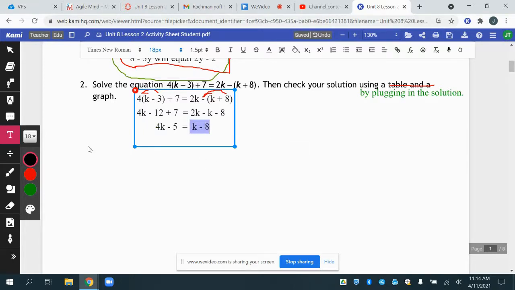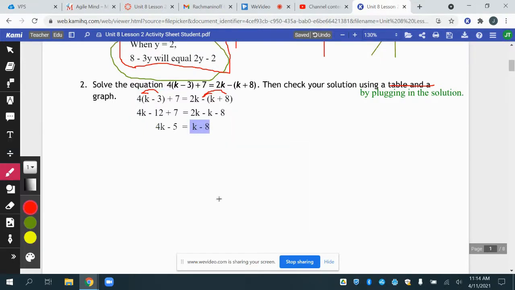But here, I just want you to understand, if I had a graph next to me, I could say, hey, look at this. I've got a line and another line, and one has a slope of 4 and crosses at -5, so it's a really steep line like this. And then another one crosses at -8, and it has a slope of 1.